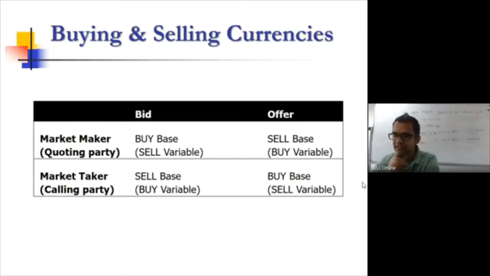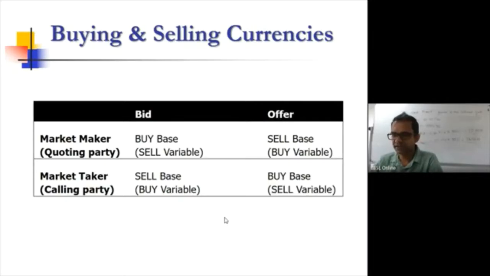So this is the summary with the bid offer, 2-way quotes, and the market maker. In foreign exchange, the market maker, that is the quoting party who provides the prices to the market, always buys the base currency at the bid rate. On the other hand, he sells the counter currency.